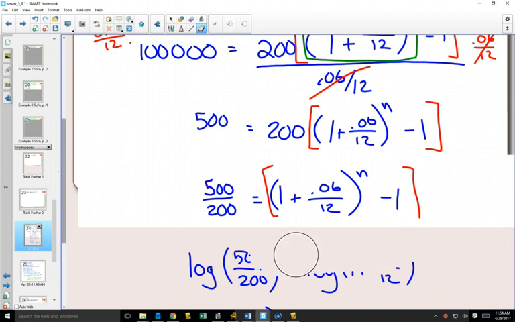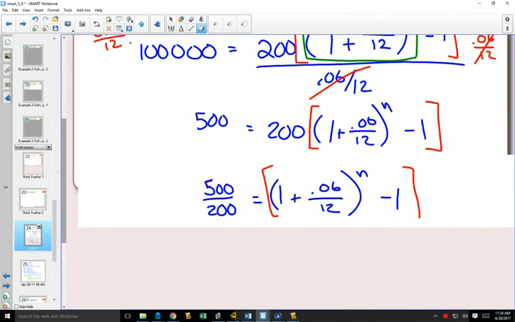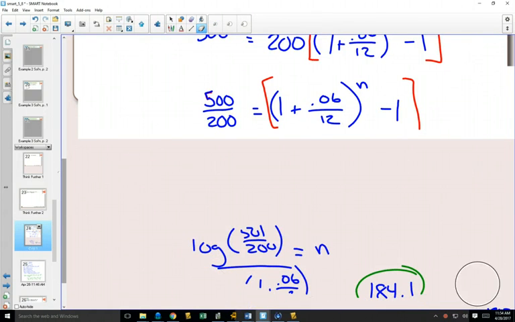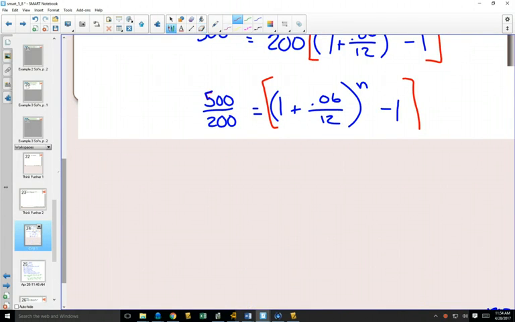Now, to get that part that we had put a green square around by itself, we would have to add 1 to both sides. 500 divided by 200 is 2.5. Add 1 to both sides, and you will get 3.5 equals 1 plus 0.06 divided by 12 to the n.